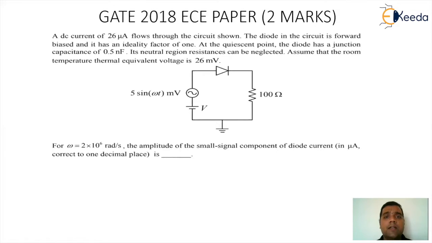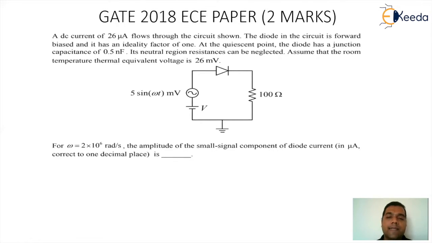Its neutral region resistances can be neglected. Assume that the room temperature thermal equivalent voltage is 26 millivolt for omega equal to 2 into 10 raised to 6 radian per second.